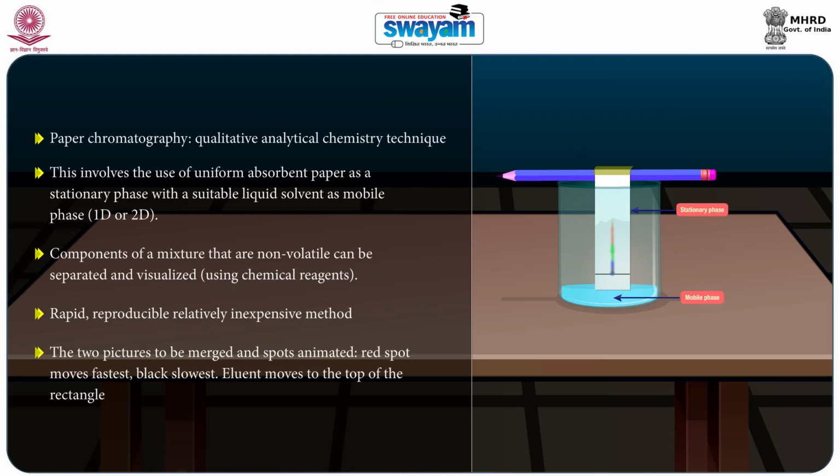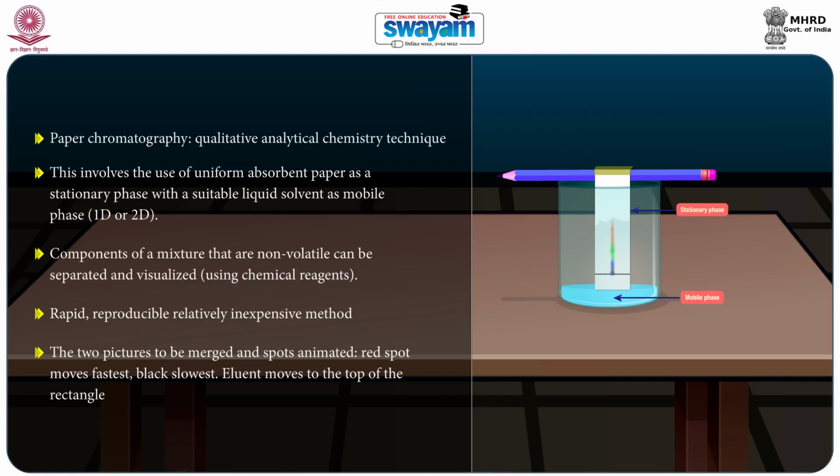Typically, the amount of solvent is such that the base of your paper just dips into the solvent, but it will not wet the point at which the sample mixture is to be applied. So the solvent level is just below the point of application, and typically a thin pencil line is drawn so that you are aware of where the sample is to be applied.